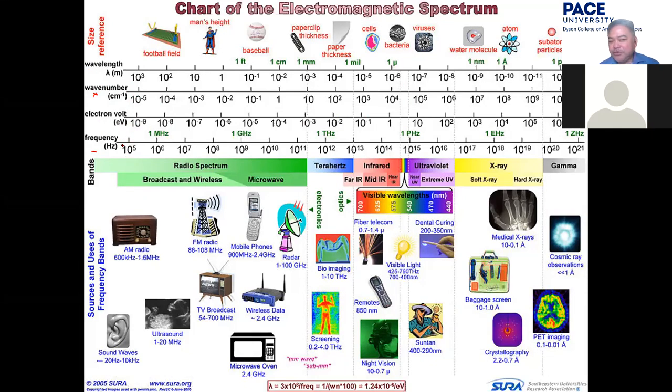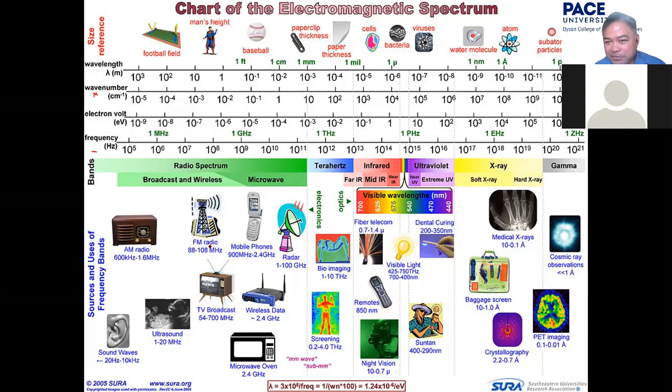Now, this electromagnetic radiation has everyday applications. If you look at the longer wavelengths, you have the radio waves. Those are the basis of AM and FM radio, usually identified by their frequency, hertz.